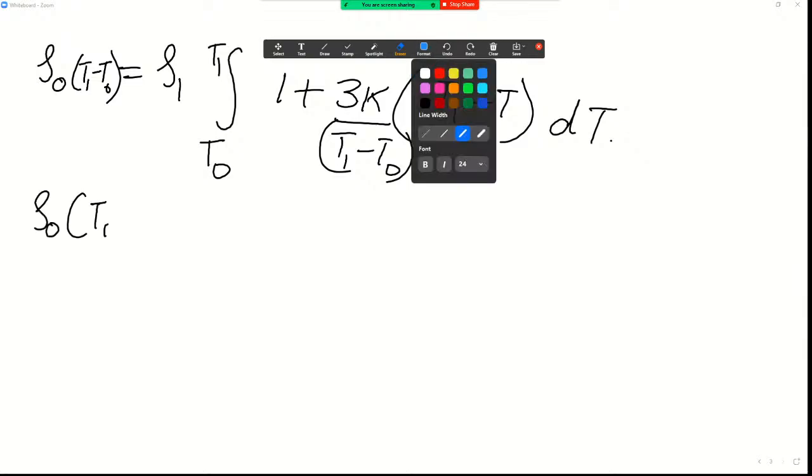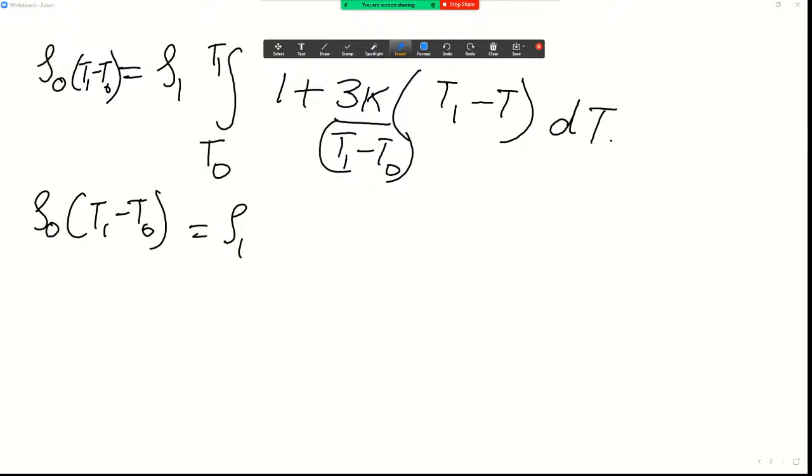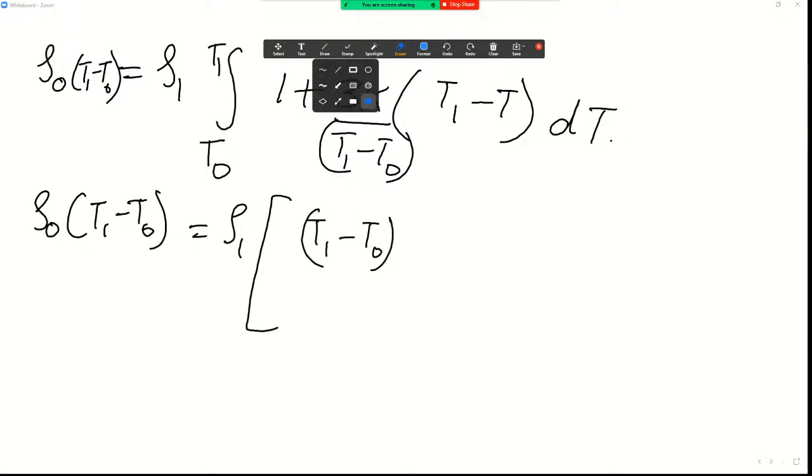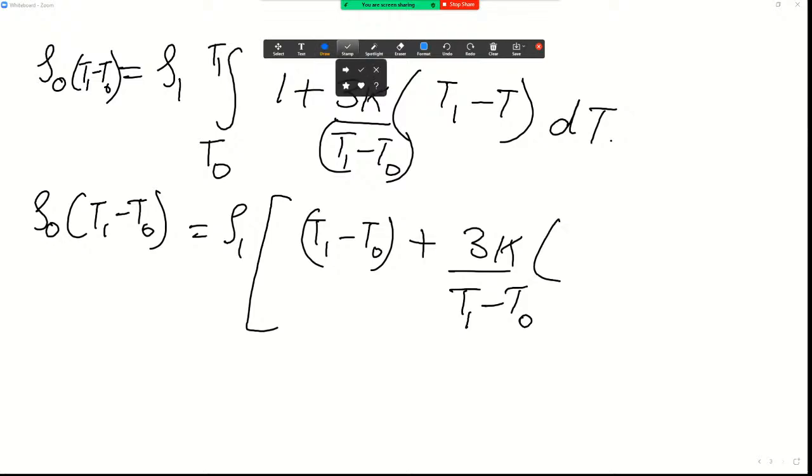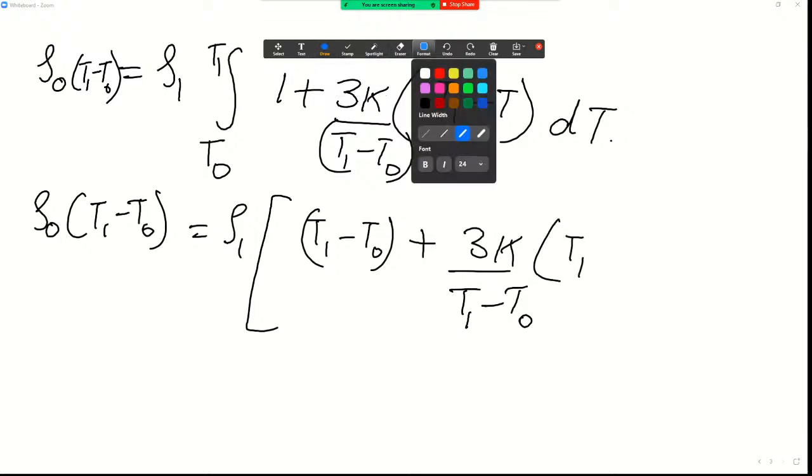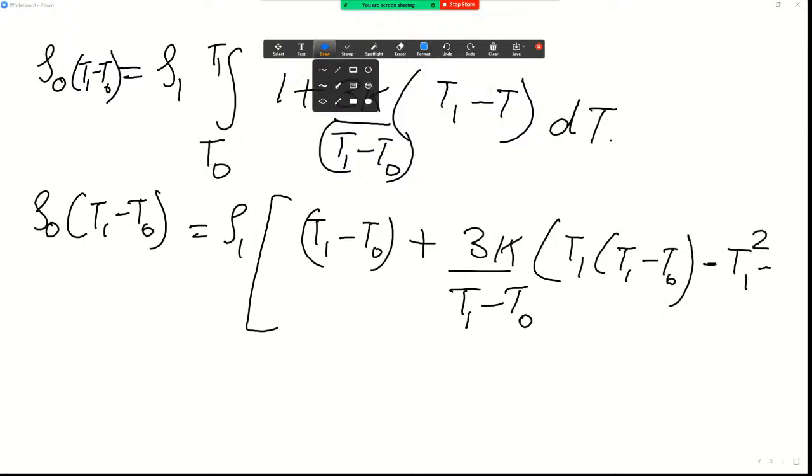Rho naught (T1 minus T naught) equals rho 1 times [(T1 minus T0) plus 3K by (T1 minus T0) times (T1 (T1 minus T0) minus (T1 squared minus T0 squared) by 2)].